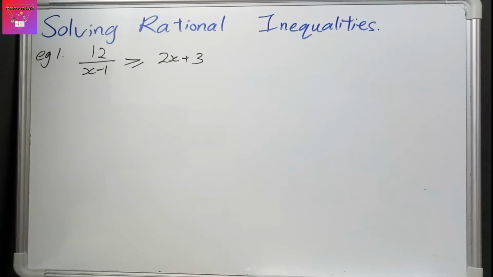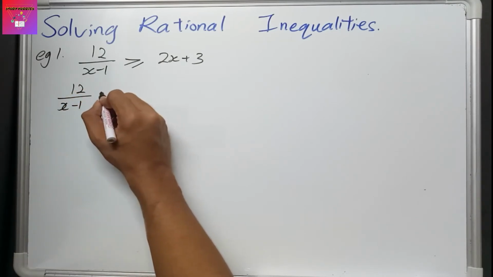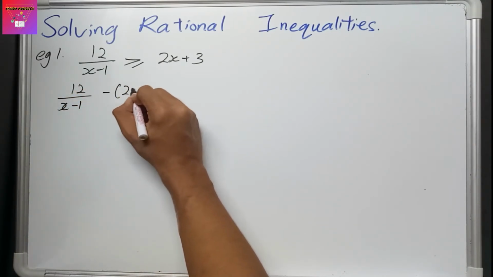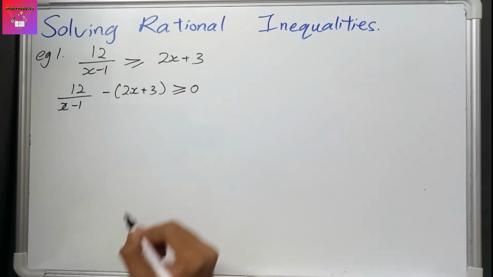12 over x minus 1 is greater than or equal to 2x plus 3. As we do for all our inequalities, bring everything to the left hand side first. So 12 over x minus 1 minus (2x plus 3) is greater than or equal to 0.